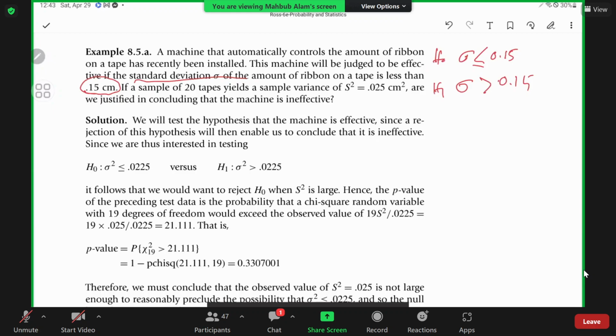So let us go to the table. One is 0.025, 19, and one is 0.975, 19. Here we see 0.025 is right here, and 19 is, can you see the value? The value is 32.85, right? And for 0.975, it will be 8.91.